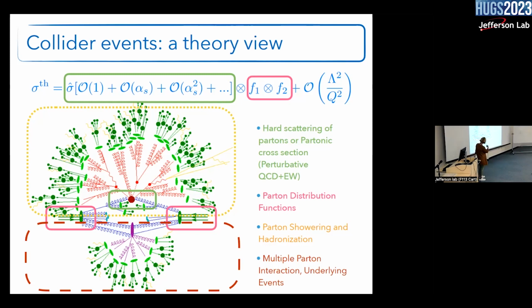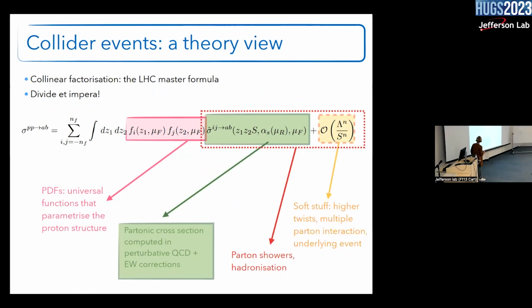So let's see this picture in a more mathematical form, because that's what I'm going to use. And this is what we will understand by the end of these two lectures.